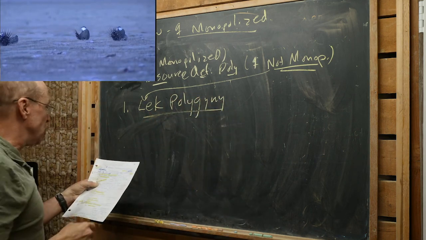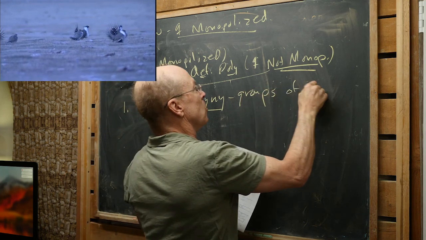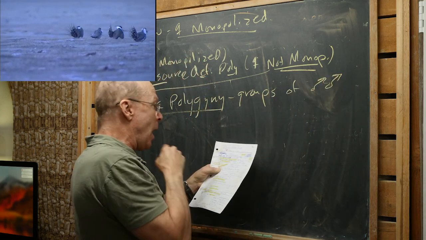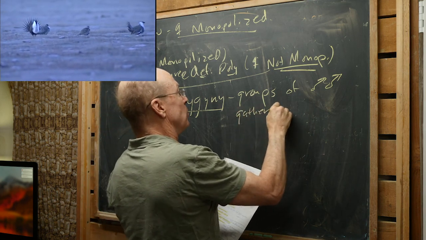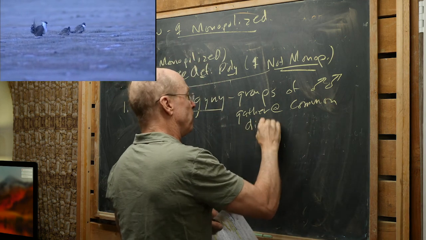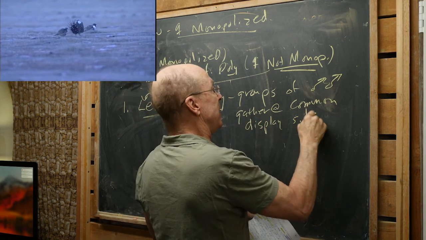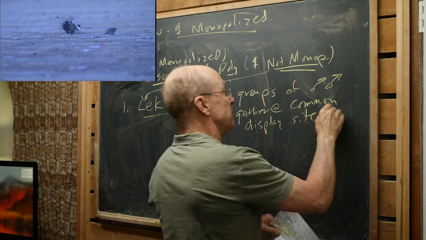In lek polygyny, basically, you've seen this before, groups of males gather at what's called a common display site. It's a lek. And this site has nothing to do with anything except finding and selecting mates.